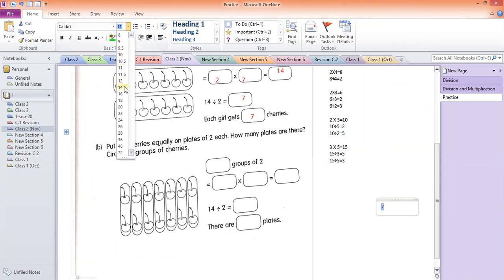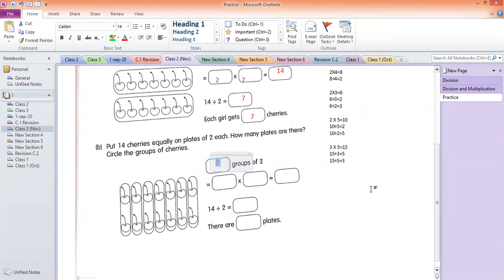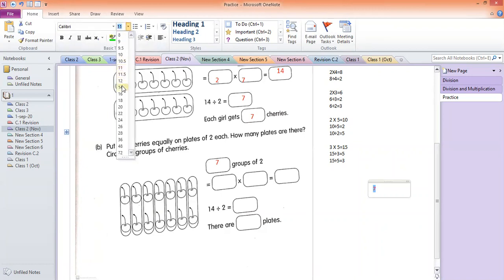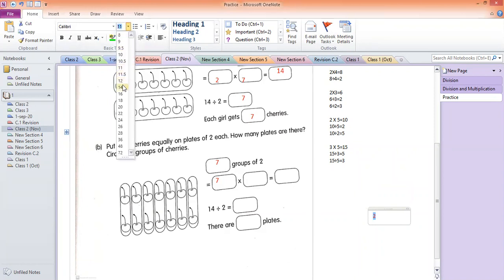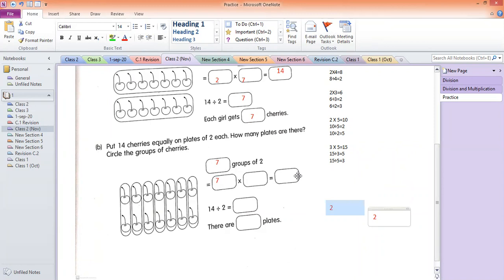Look, there are 7 groups of 2. Okay? Again, 7 groups of 2 means if you want to know how many total cherries are there, that means 7 multiplied by 2, but because there are 7 groups of 2, I write 7.